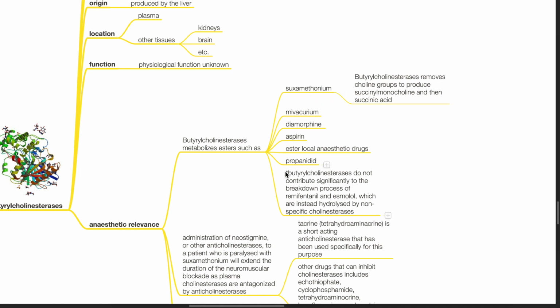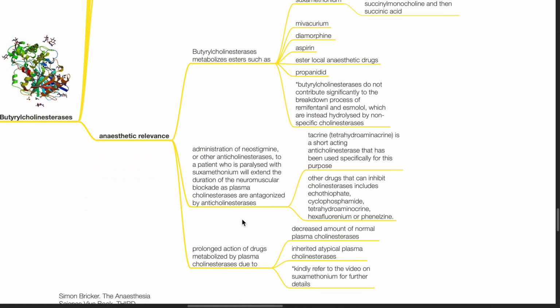Butyrylcholinesterase does not contribute significantly to the breakdown of remifentanil and esmolol, which are instead hydrolyzed by non-specific esterases. Administration of neostigmine or other anticholinesterases to a patient who is paralyzed with succinylcholine will extend the duration of the neuromuscular blockade as plasma cholinesterases are antagonized by anticholinesterases.